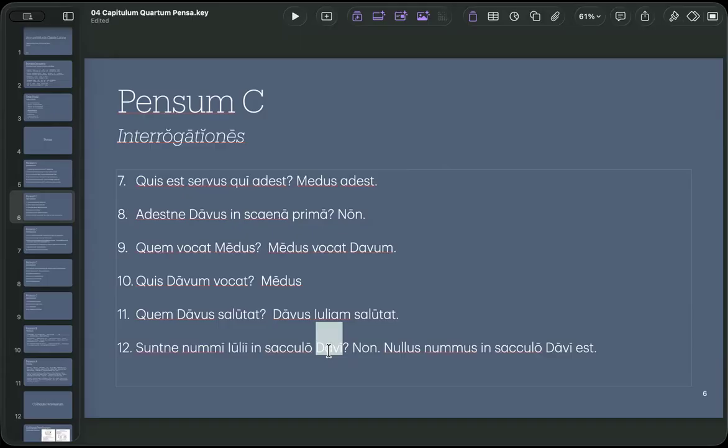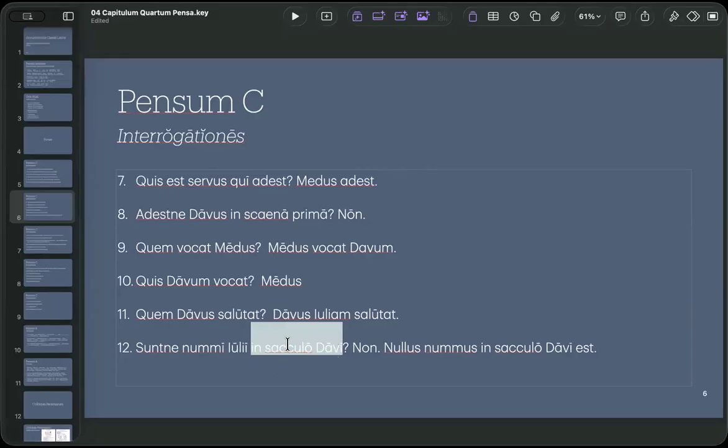But word order is important in the sense of emphasis, and it's important in the sense of grouping like things. I'm trying to think, but I can't think of a good example off the top of my head. But anyway, yes, you really have to keep Numi Julii and Sakulo Davi together. And actually, you have to have in Sakulo Davi together.